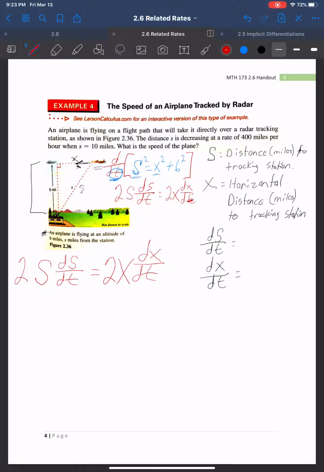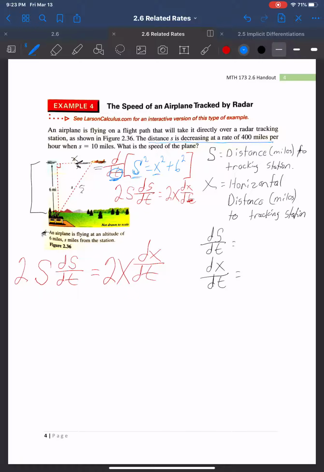So back to what I was saying a second ago. They tell us, right in the beginning, that the distance s is decreasing at a rate of 400 miles per hour. All right, a rate, meaning a rate of change.